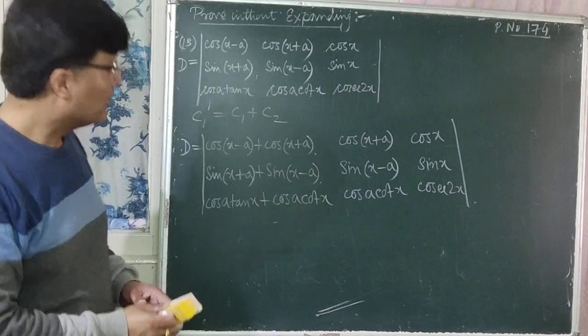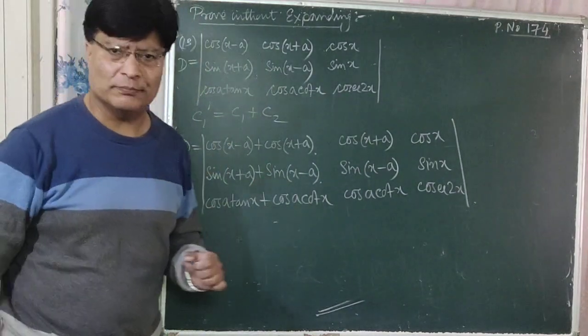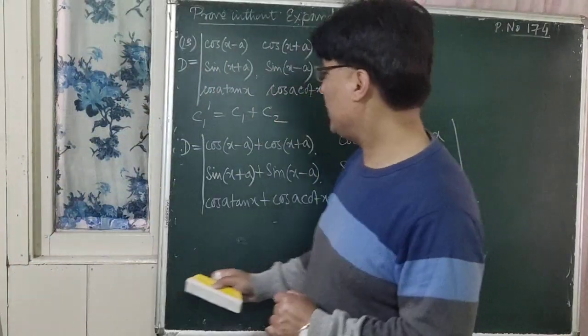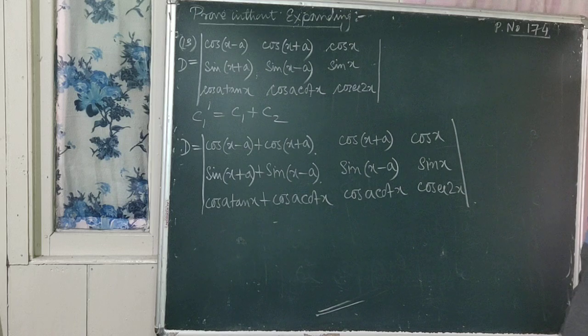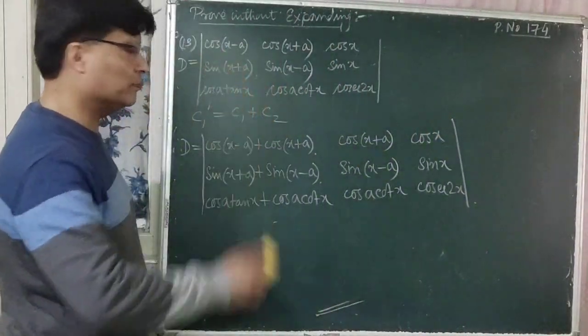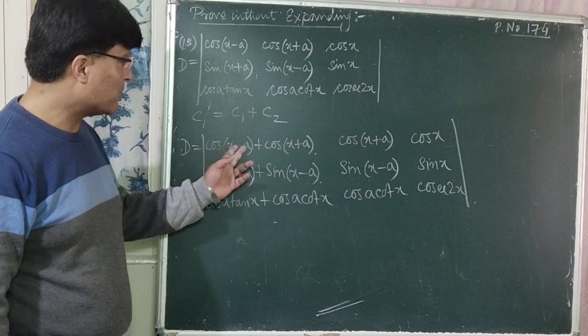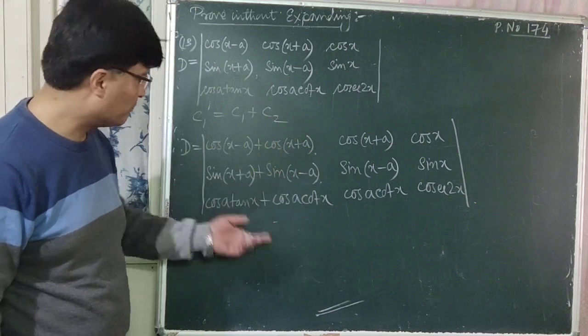Now you have to simplify each and every element of the first column. We simplify each element of the first column. Is it clear now? So we take out cos of x minus a plus cos of x plus a and simplify it.